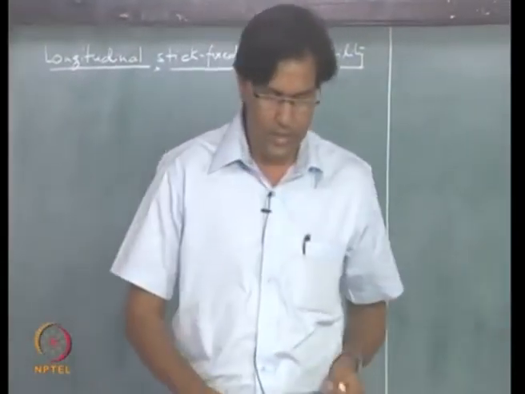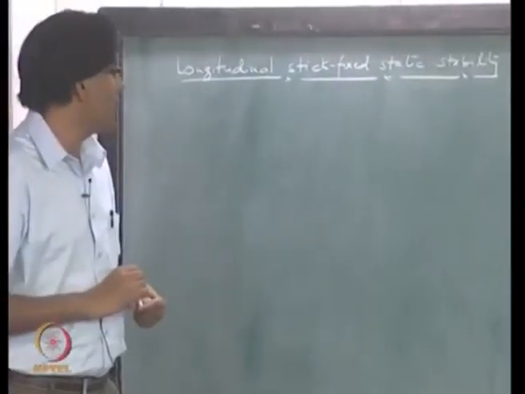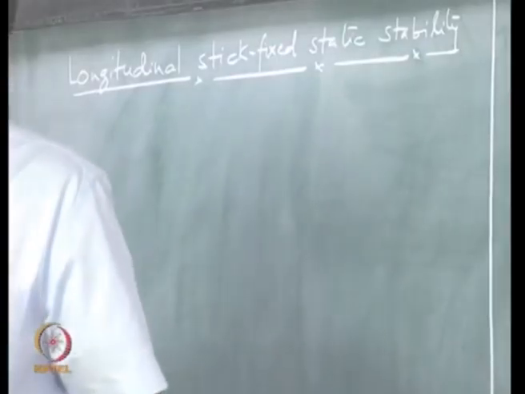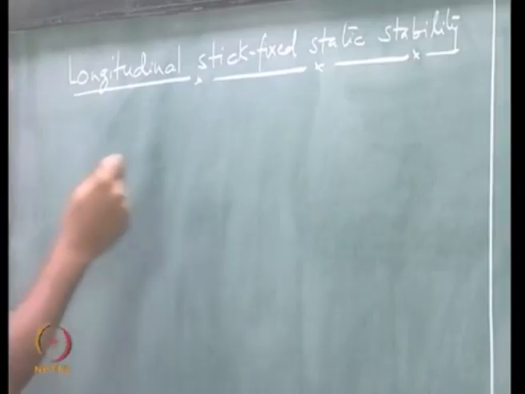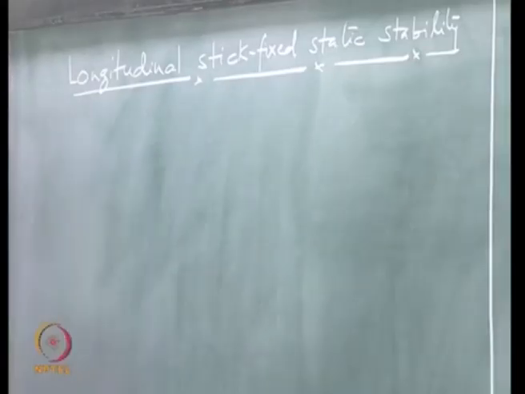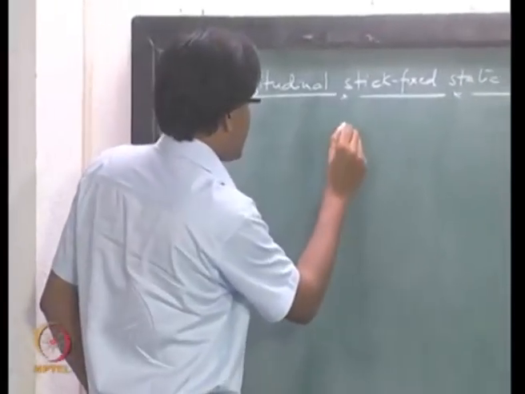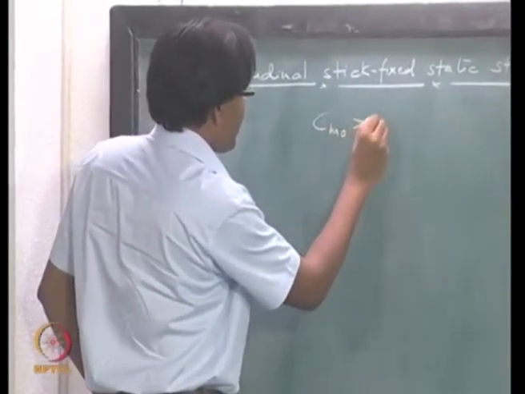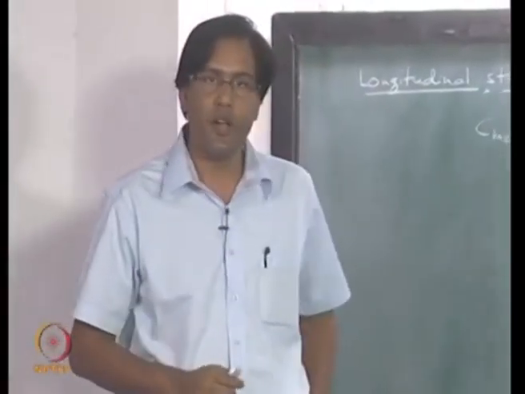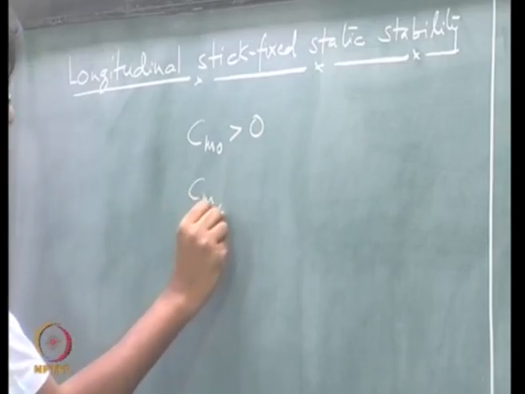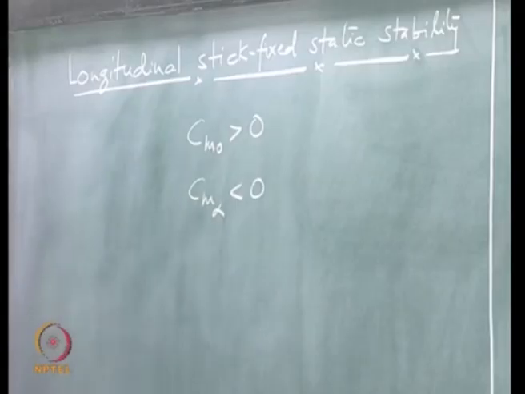So, as we discussed, for an airplane to have stability in pitch and also to be able to fly at positive angles of attack, it should have two properties, and they are Cm naught, which has to be positive, and Cm alpha must be negative, right.